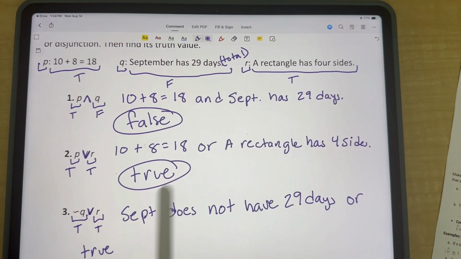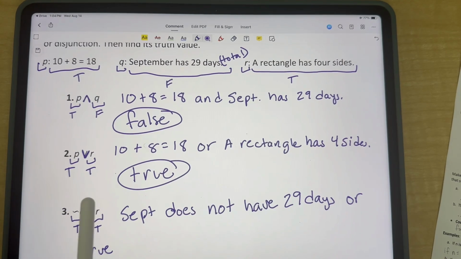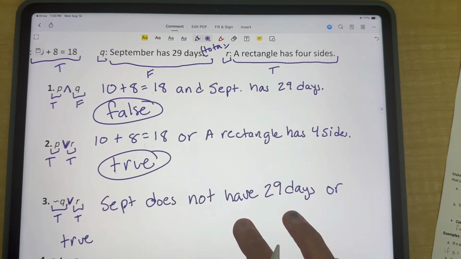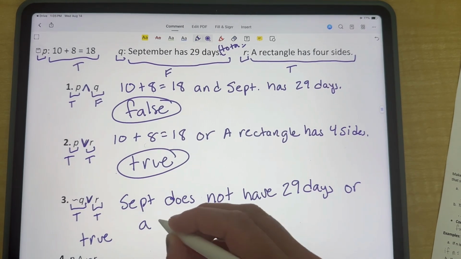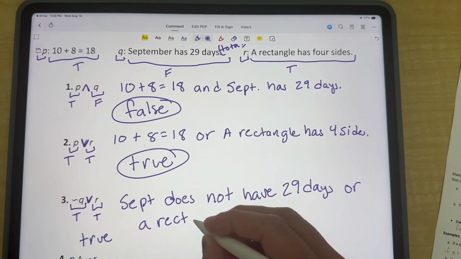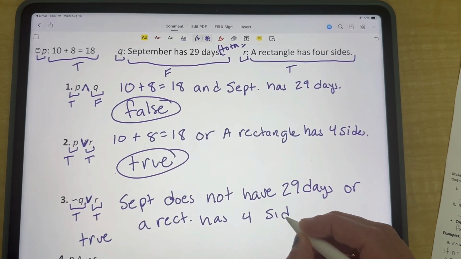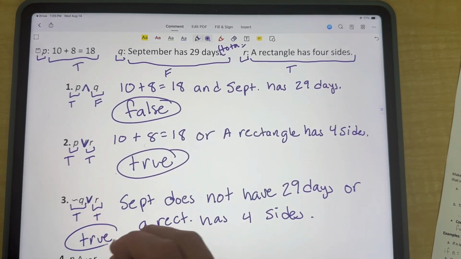Or, and then you write the R statement, because it's not Q or R: or a rectangle has 4 sides. Again, we've already found it's true because on OR statements, we only need 1 T for the whole thing to be true.